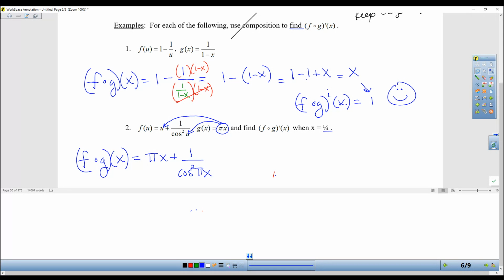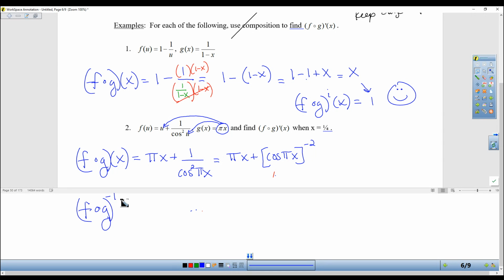This one doesn't have any fancy algebra, but it does have some more challenging calculus. I personally am going to change this to cosine of pi x to the -2. I think that that's easier. Whenever I have a constant on top and a power on the bottom, I personally find this the easiest way to do it.